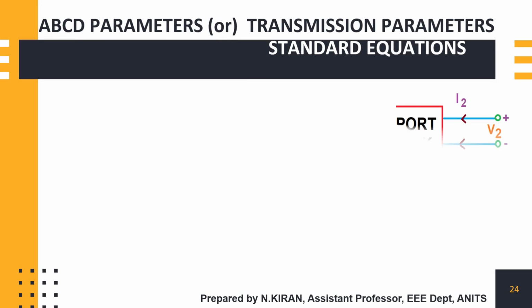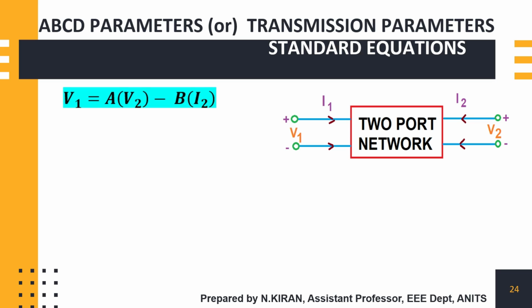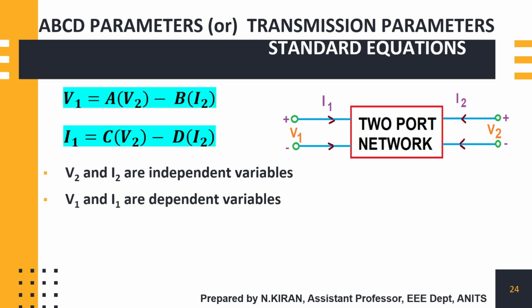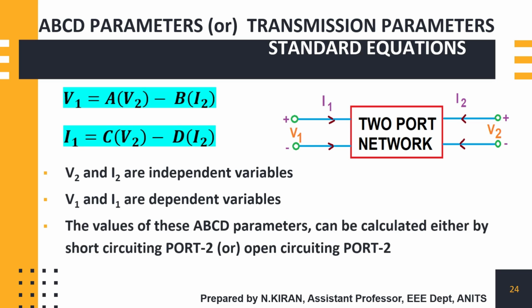The standard equations for ABCD parameters are V1 is equal to A V2 minus B I2, I1 is equal to C V2 minus D I2, where V2 and I2 are independent variables, whereas V1 and I1 are dependent variables.